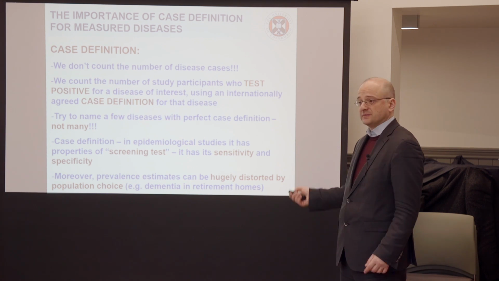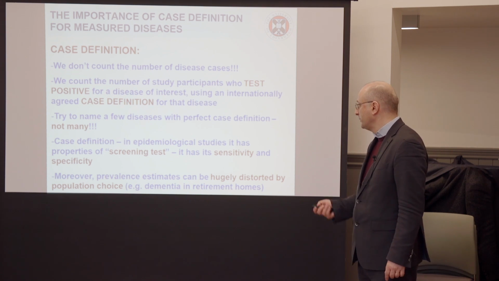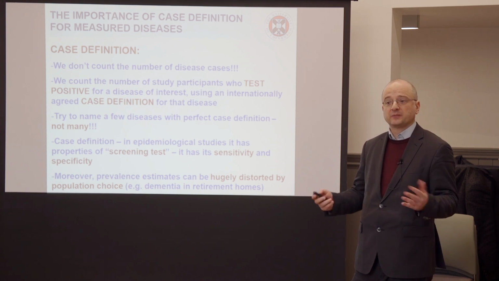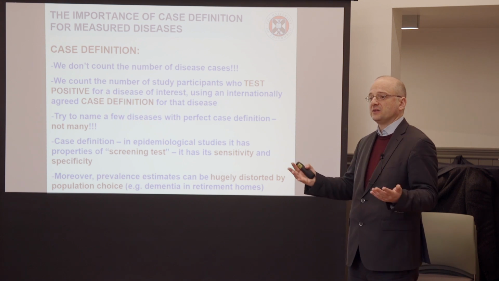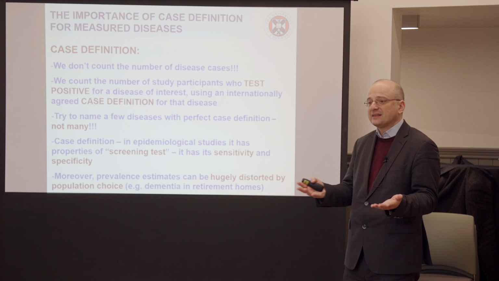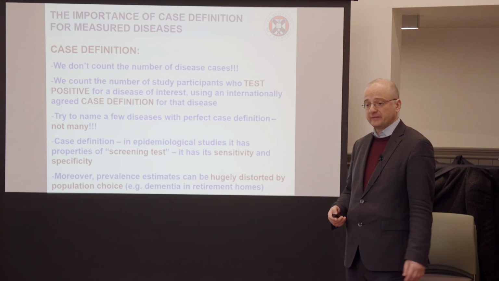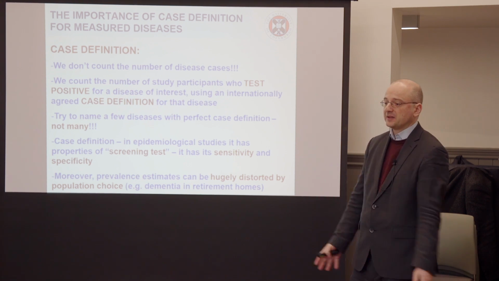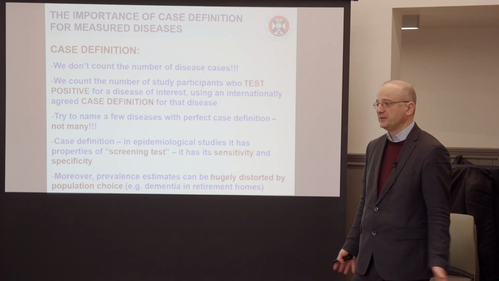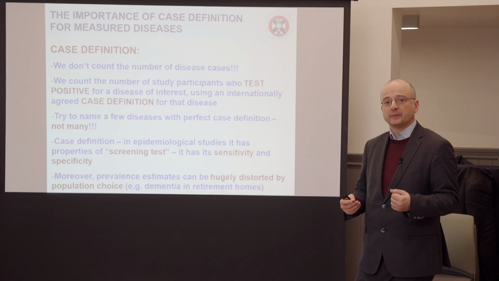And remember, diseases with perfect case definitions, there's hardly any, very, very few of them, especially in psychiatric disorders, where you need 2 out of 3 psychiatrists to agree or something like this. That's far from the level of precision we would like to have, and in fact, the problem is that we don't really understand the etiology of most diseases. If we did, it would be far easier to decide whether they are present or not.